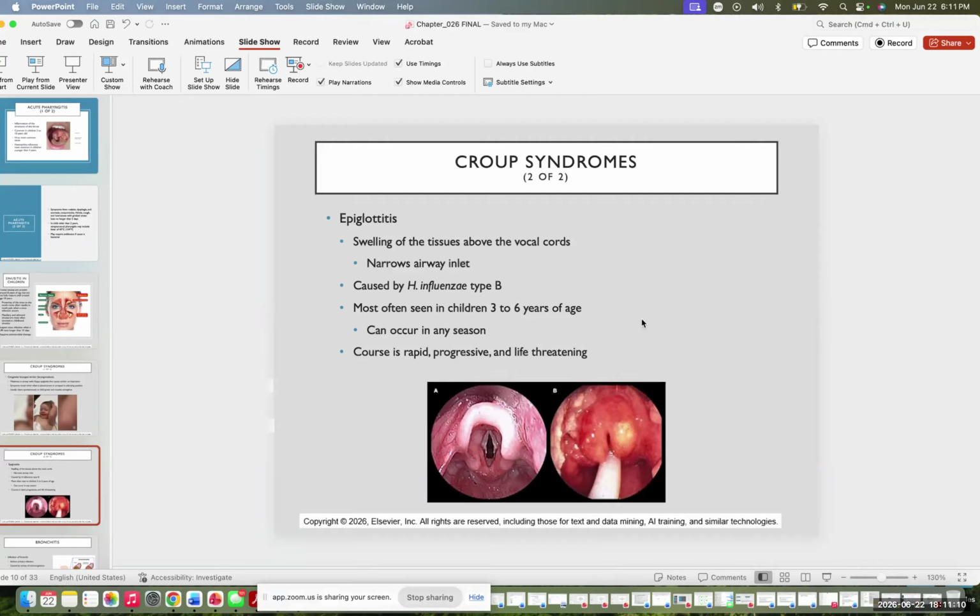So when you hear that barking cough, let me play this for you. Sounds like a seal. Hear that?